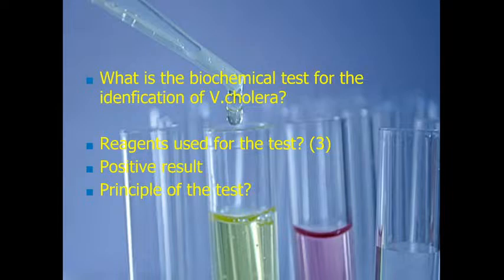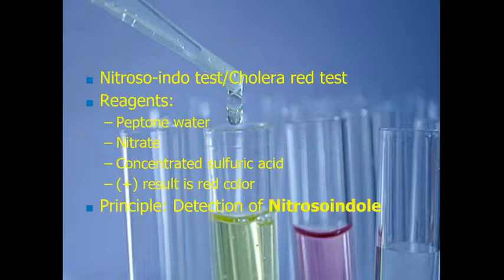The positive result will be a red color. The principle is that if the organism in question is Vibrio cholerae, it would produce nitrosoindole, therefore it will turn the color indicator red.